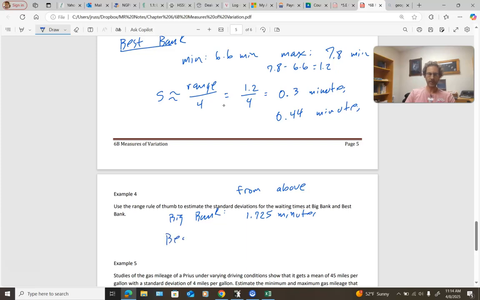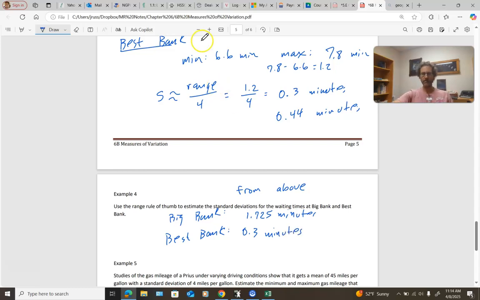And then for Best Bank, we call it Best Bank for a reason, because the consistency in those wait times is very consistent. Okay, and we came up with 0.3 minutes.